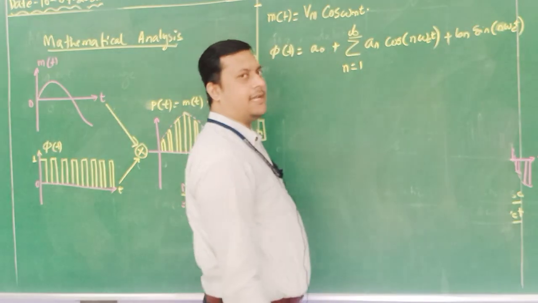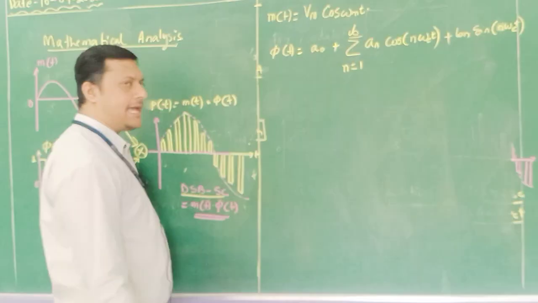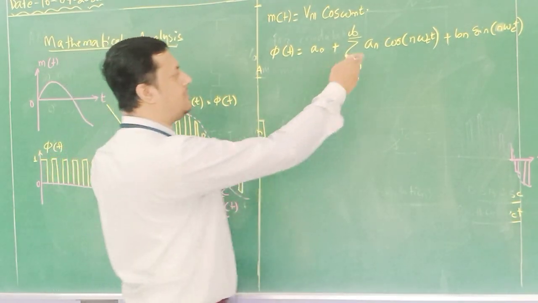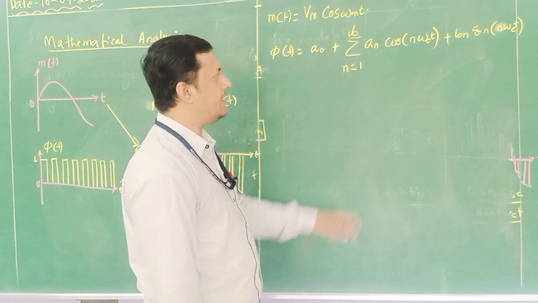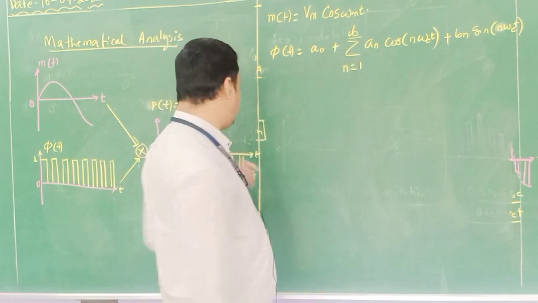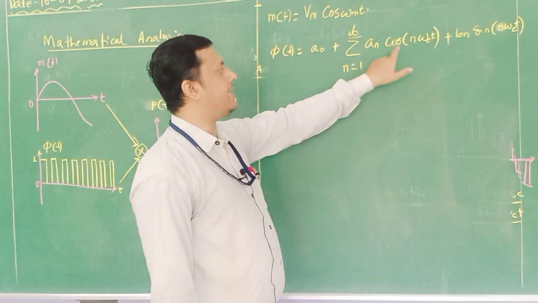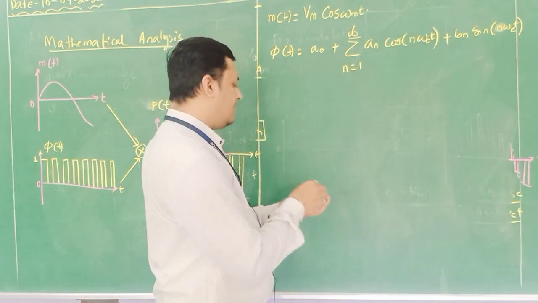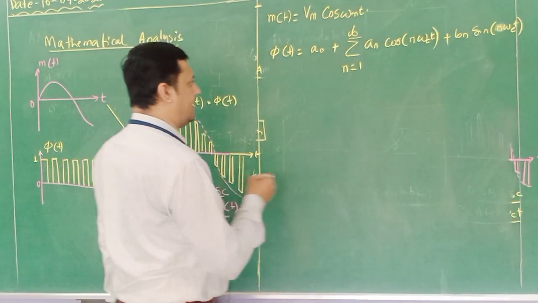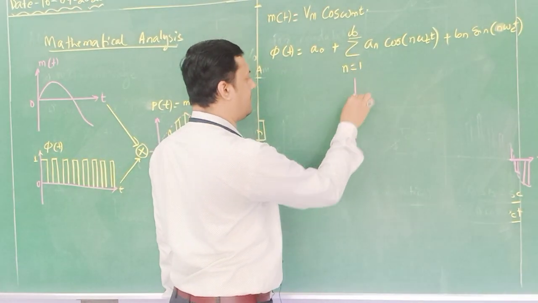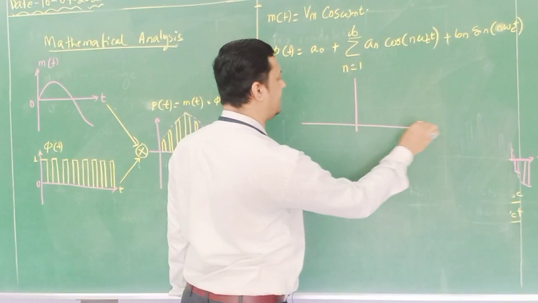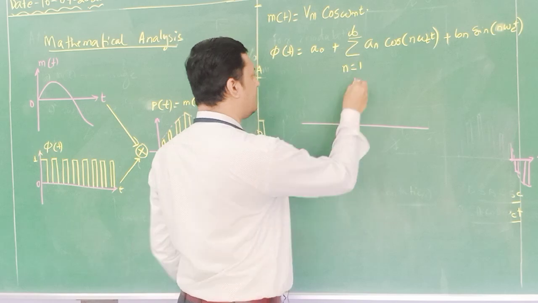Why have I written omega c? Because here it acts as the carrier component, so the frequency available is omega c t. And the number of pulses, the number of samples, is n, so it is n omega c t. Now the same impulse train I am representing in this form to analyze in a clearer manner.